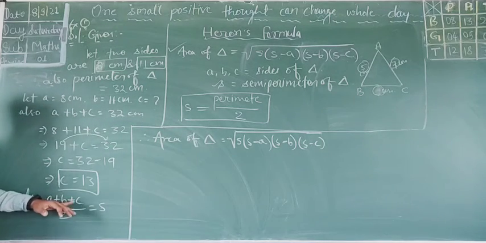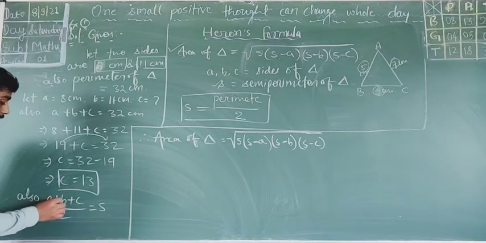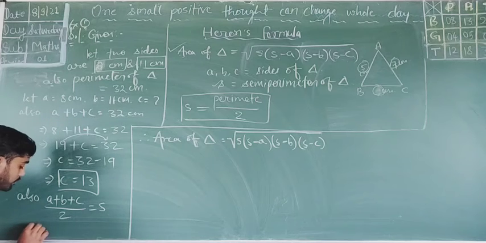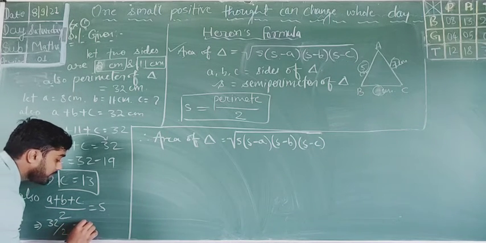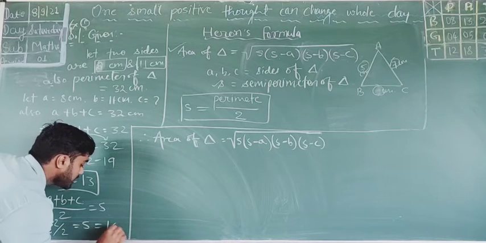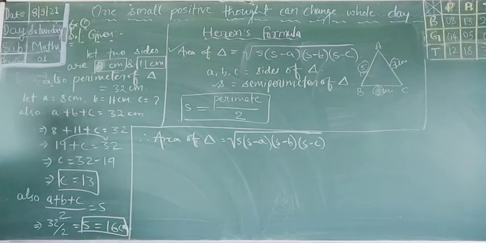So if you divide a plus b plus c by 2, then you will get the semi perimeter. So the value of a plus b plus c upon 2 is equal to 32 upon 2. So what will you get? The value of s is equal to 16. 16 what? 16 centimeter. Okay.